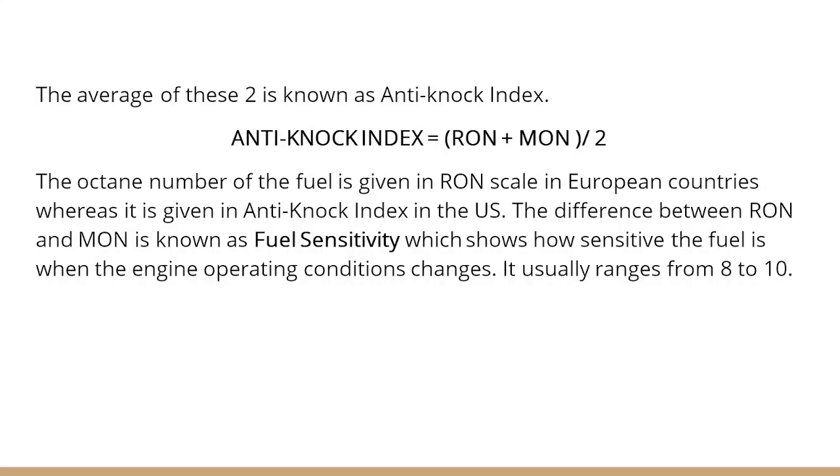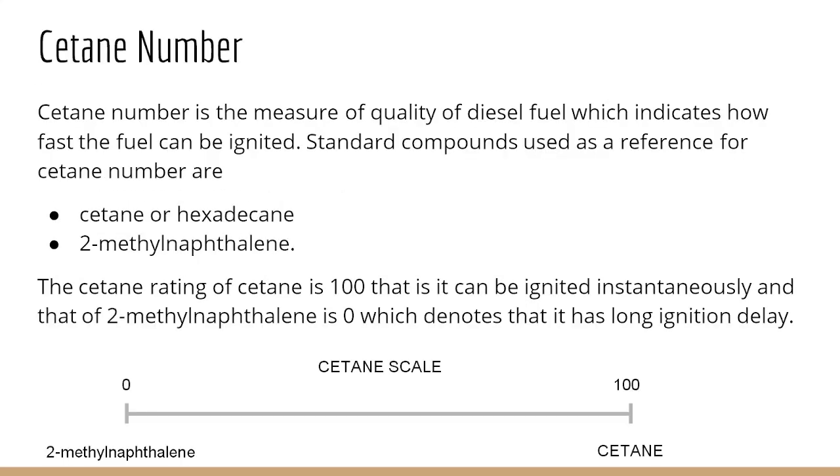The difference between the Research Octane Number and the Motor Octane Number is known as the fuel sensitivity, which shows how sensitive the fuel is when the engine operating condition changes. It usually ranges from 8 to 10. That was all about octane number.